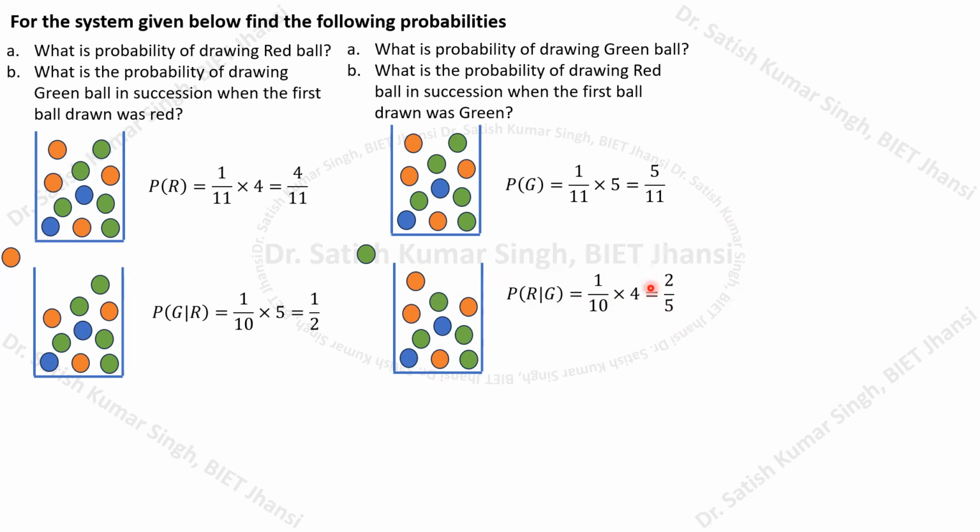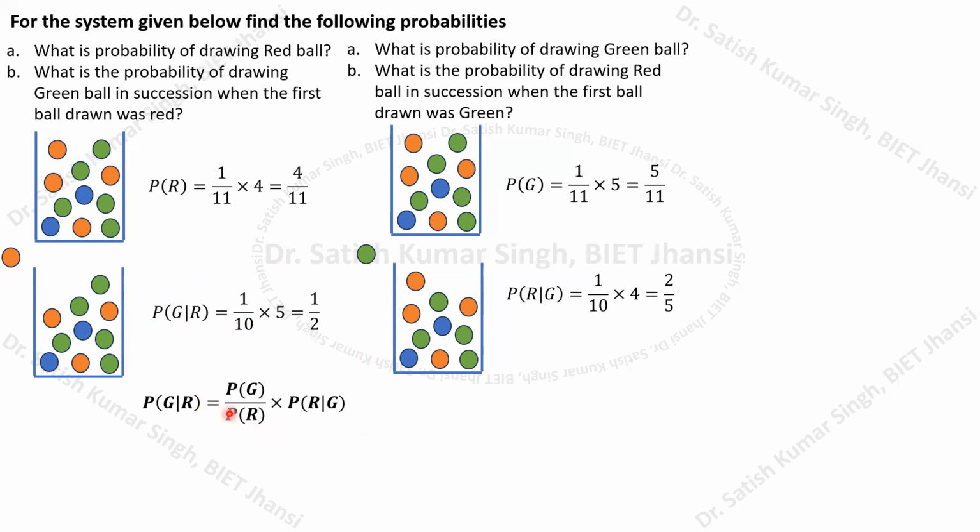So now try to understand one particular rule, which is known as the Bayes rule. In the first case, we are trying to calculate the probability of getting a green ball for a given red ball. This particular probability we can also calculate in this fashion.